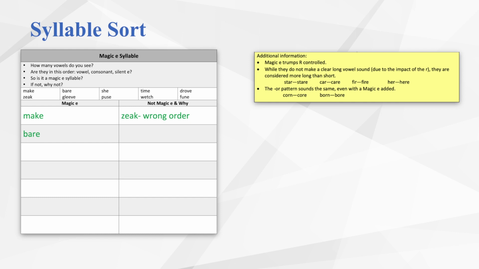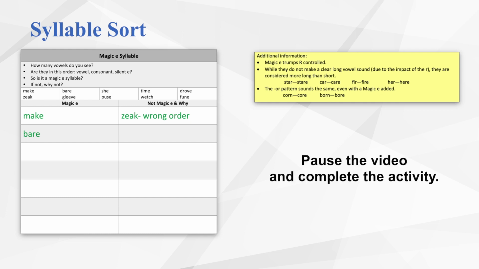Words with the pattern vowel then an R then a silent E are considered magic E syllables. While they do not make a clear long vowel sound due to the impact of the R, they are considered more long than short. If we think about the example star, and we add an E, it becomes stare. The E does change that vowel sound.